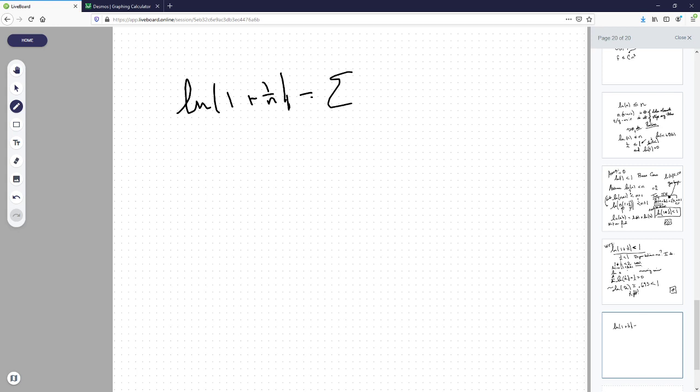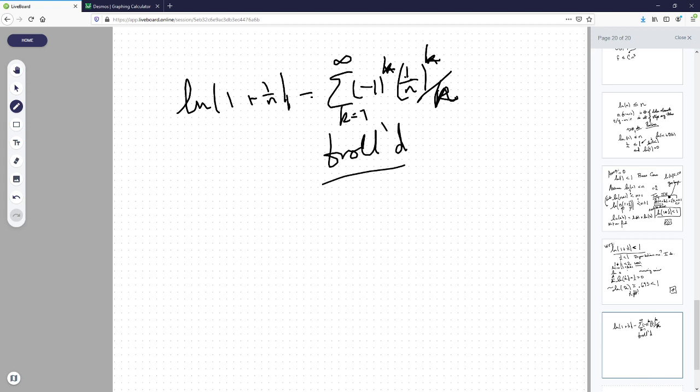It's the sum of minus 1 to the n times 1 over n to the nth power over another n, or I guess over k. So we need to make these k's. k equals 0 to infinity, or k equals 1 to infinity. But I was just doing that to troll you guys. Trolled. No Calc 2 here.